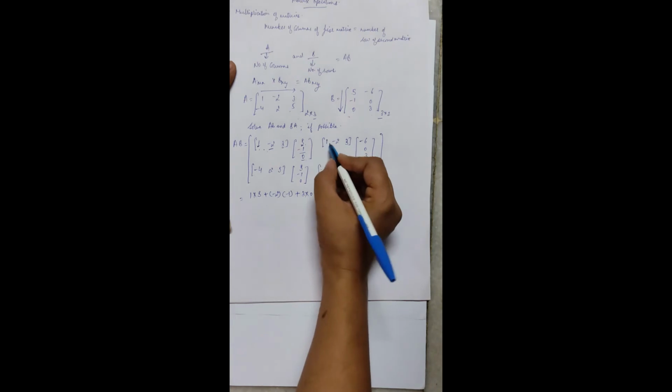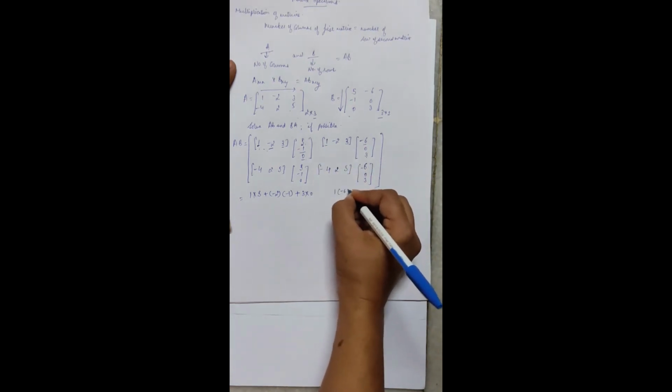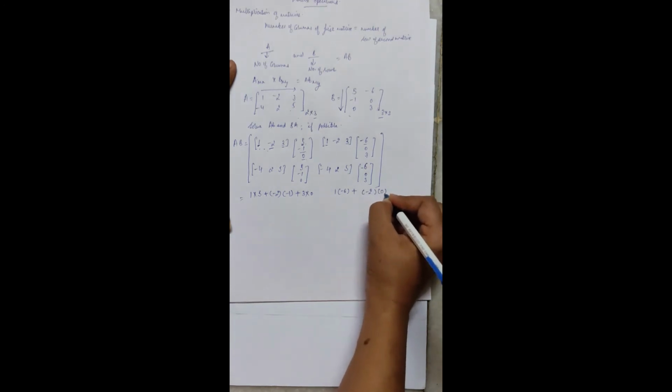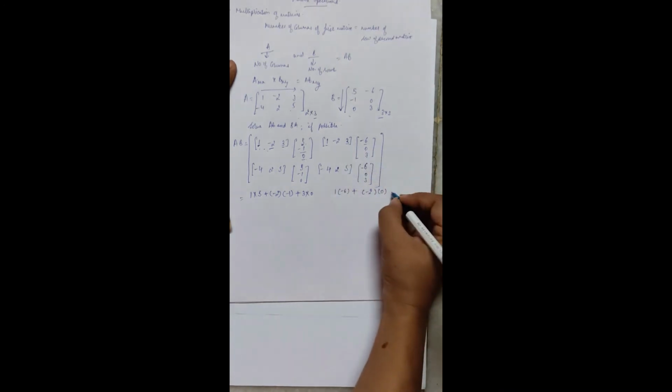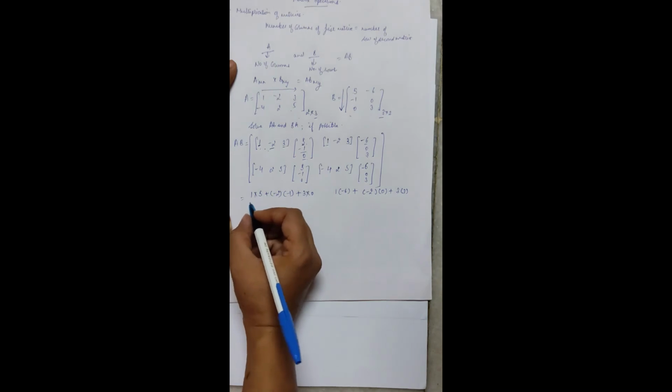In the same way, 1 into minus 6, plus minus 2 into 0, plus 3 into 3. This way I will get the other values also.